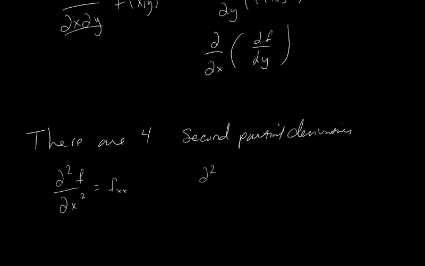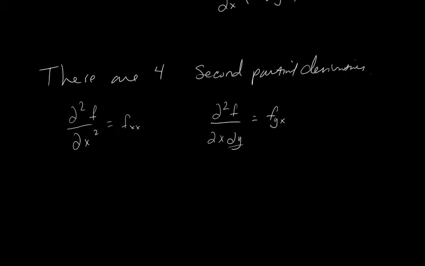There is the partial squared of f with respect to x with respect to y, so partial x, partial y. That's going to be fy, darn it, fyx, because we do take the partial with respect to y first.